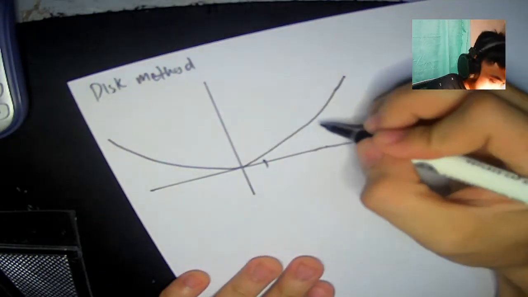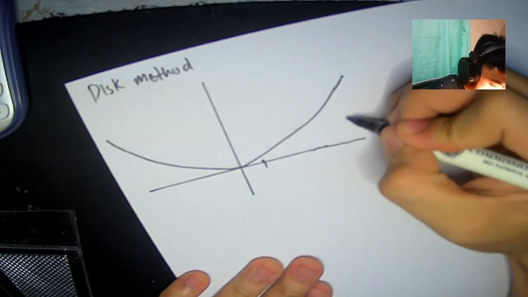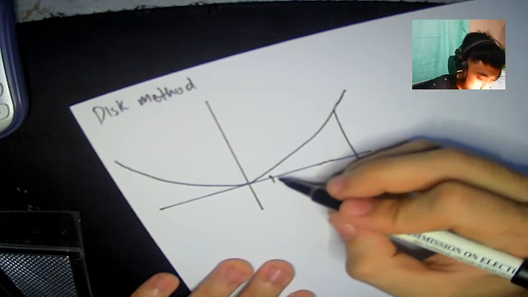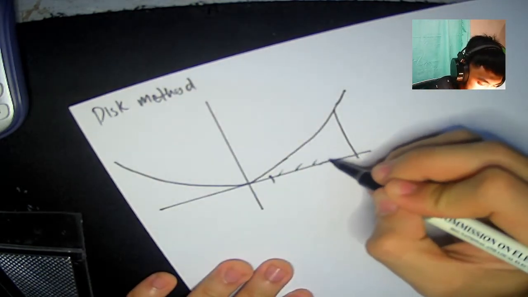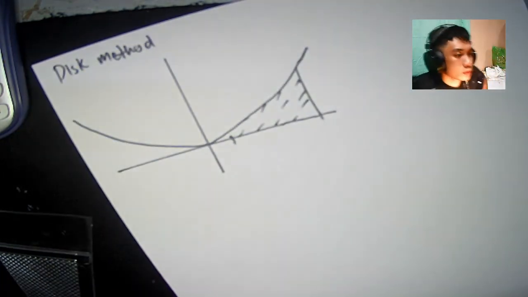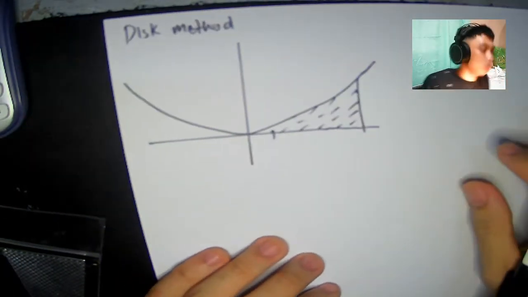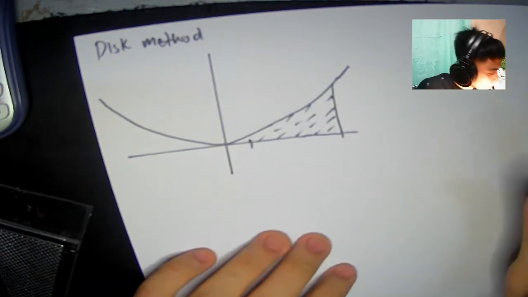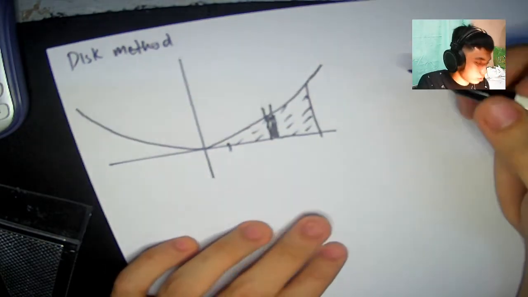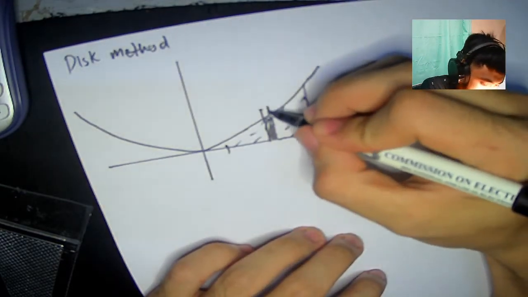So the range is from here to here, right there. So this is our shaded part. So let's have our dx here, or I mean dy, because it's with respect to dy.